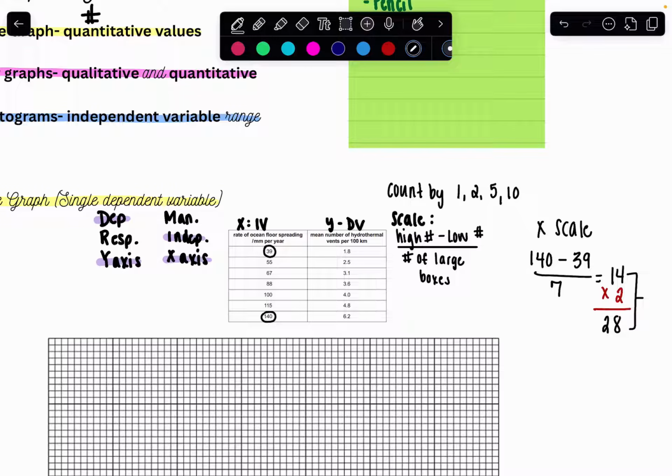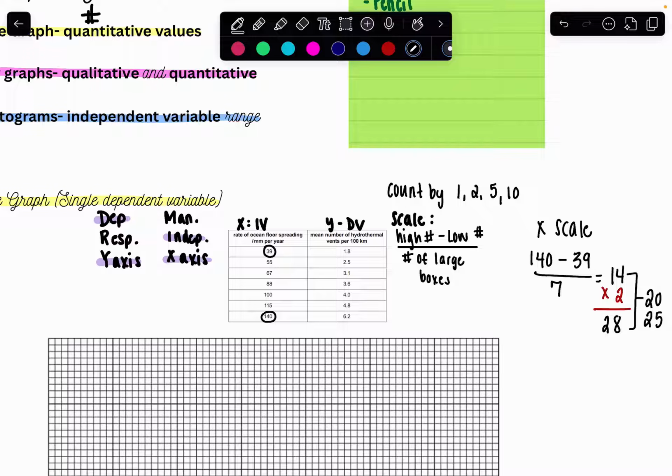So a number that's in between 14 and 28. Remember, I said we only count by 1, 2, 5, or 10. So we cannot count by 14, but we can count by 20. We also can count by 25. Both of those are multiples of 5 or 10.